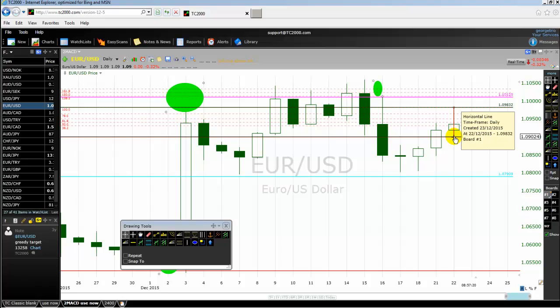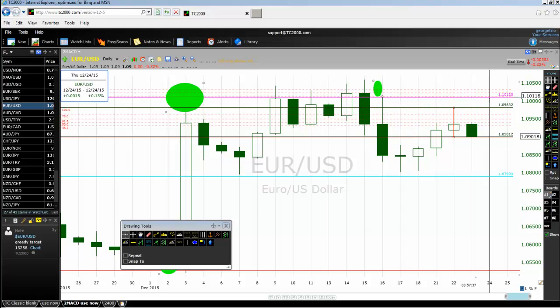The 138.2% is here for the range of this candle. So this is the candle we highlight, the 138.2. That's the pink line here at the top. 11010. All right.